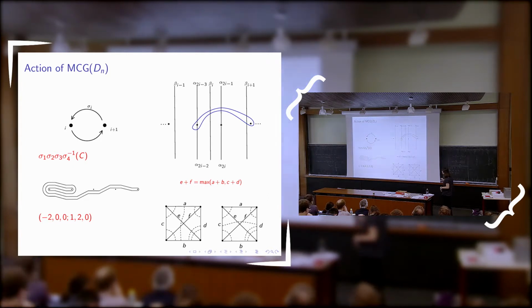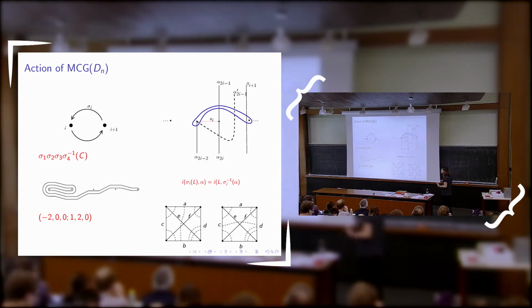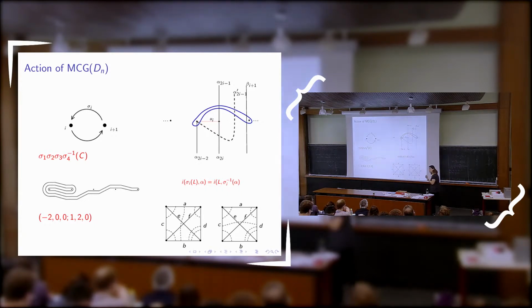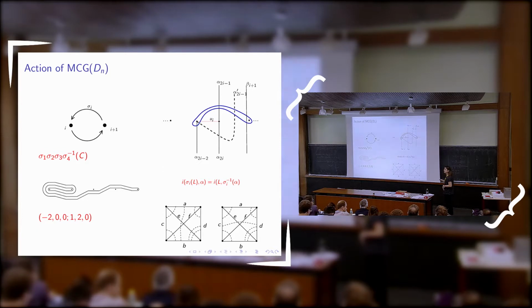If you try to apply this lemma here, you make use of a second well-known fact, which says that the geometric intersection number is preserved under homeomorphisms. So instead of looking at the number of intersections of sigma I of L with the edges, that's what I want to do, I look at the number of intersections of L with the inverse image, with sigma I inverse of the corresponding edge.